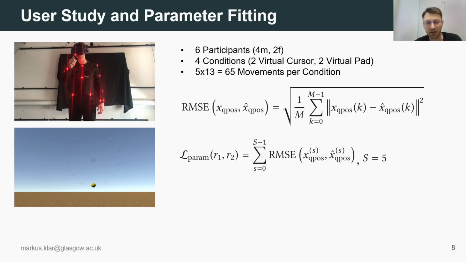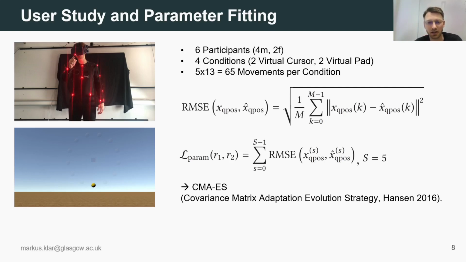And to find the best cost weights now, we run 5 different simulations with 1 fixed cost weight pair R1 and R2, and then calculate the root mean squared errors against the real user data. We use this cost function for a CMA-ES to obtain cost weights R1 and R2 for each condition and each participant.